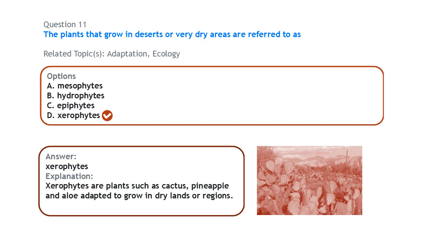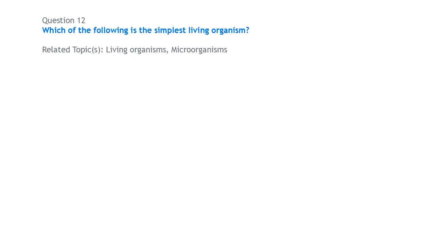Epiphytes are those plants that derive moisture and nutrients from the air and rain, and mostly they live on other plants, and they are usually commensals, meaning that they do not cause harm to the host plants. They simply use that plant to support themselves, to access the moisture and nutrients from air and rain. So basically, the plants that grow in deserts or dry areas are xerophytes.